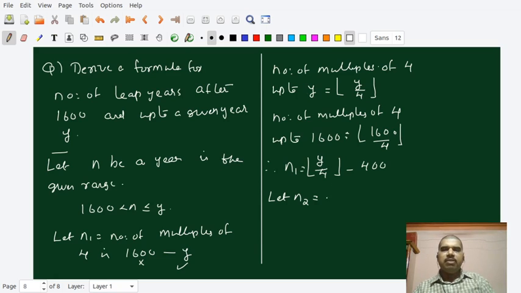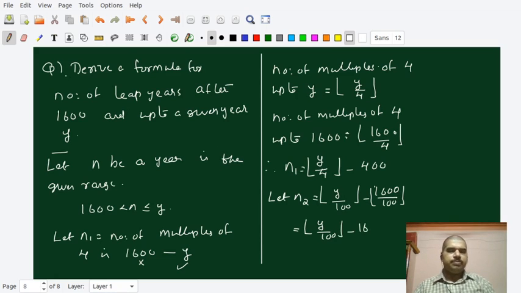N2 is equal to y by 100 minus 1600 by 100, and that is equal to y by 100 minus 16. So we calculated n1, we calculated n2. Now we need to calculate the number of 400 multiples also.